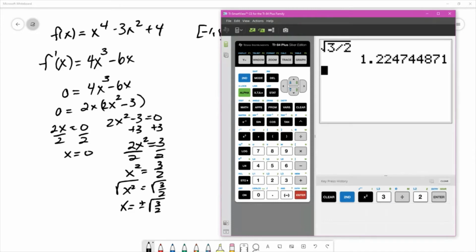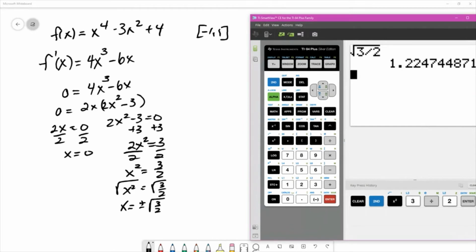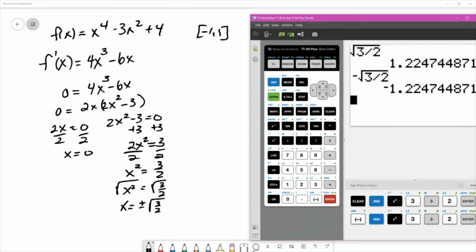So this is 1.22, which is outside of the interval that we're looking at. We're looking at the interval from -1 to 1. And then negative square root of 3 over 2 will be -1.22, which is also outside the interval.